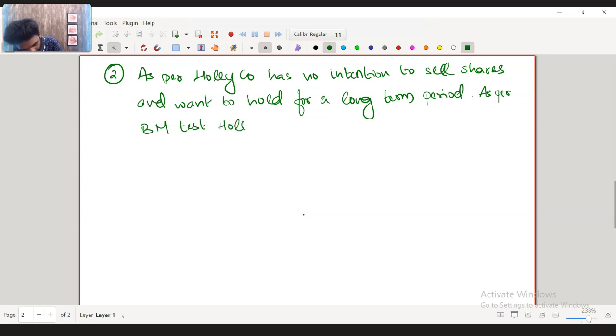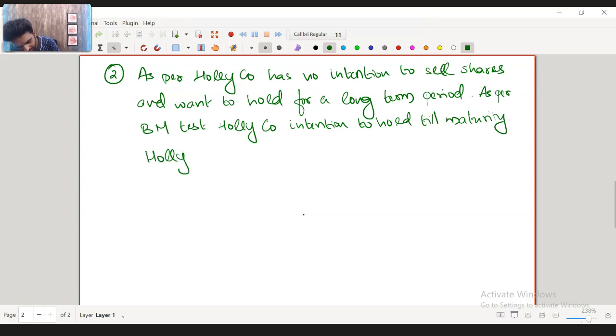Wholly company has the intention to hold till maturity. So they have an option, which means wholly company has the option to take the fair value changes to P&L or OCI.